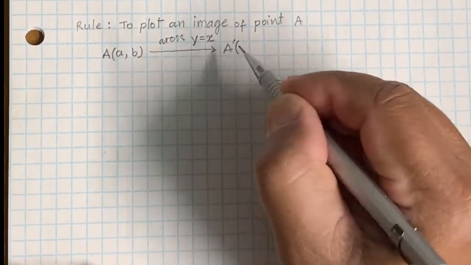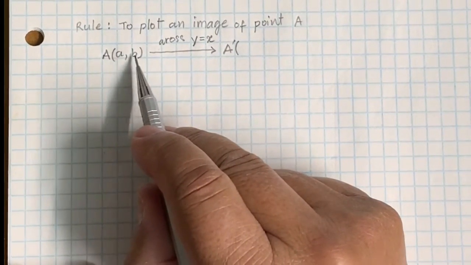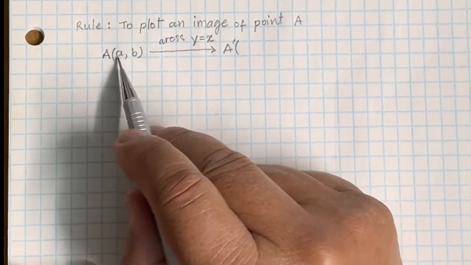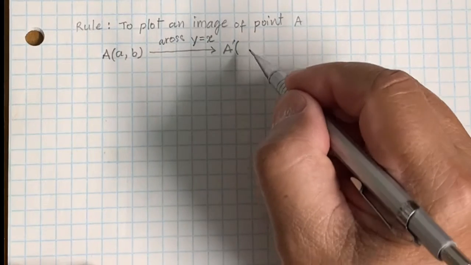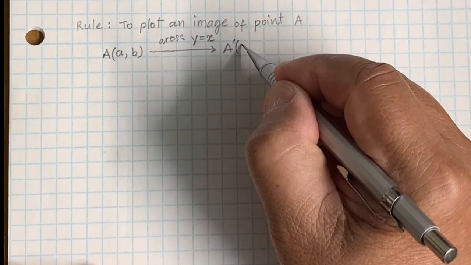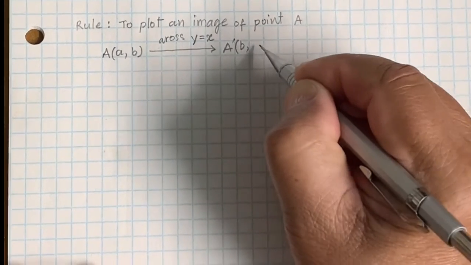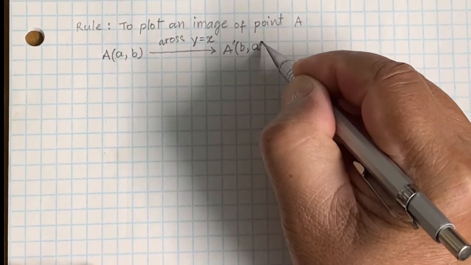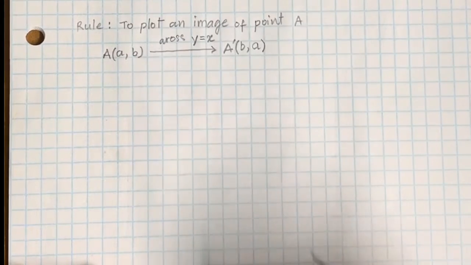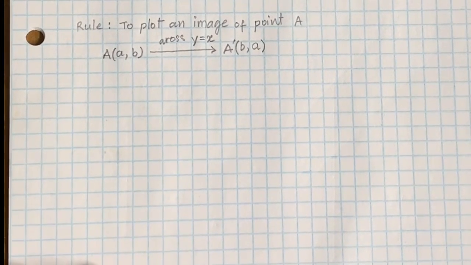So all we need to do is just switch these coordinates. So A prime will have the x coordinate b and y coordinate a. That's it. All right, so memorize that rule.